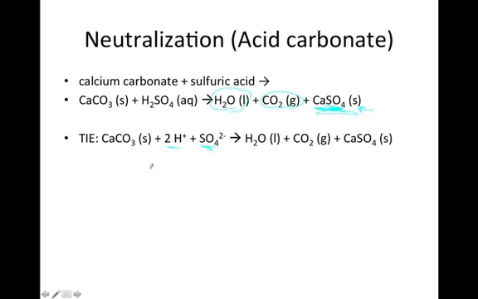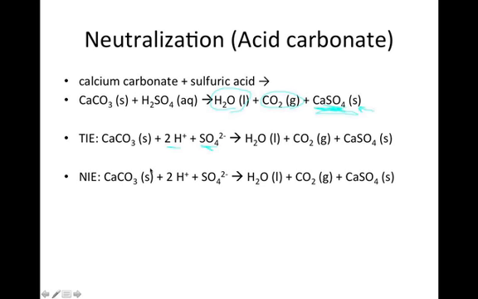And so the net ionic is going to be the exact same thing. This really just keeps in the tradition that liquids are left together, gases are left together, and calcium sulfate is kept together. Take a moment and try this problem and see what you end up with.